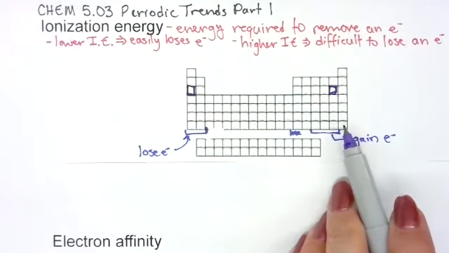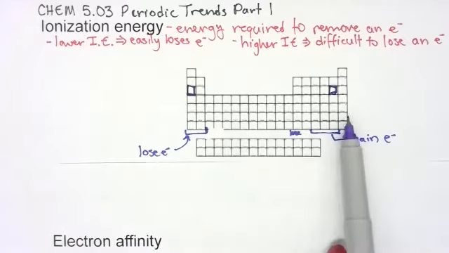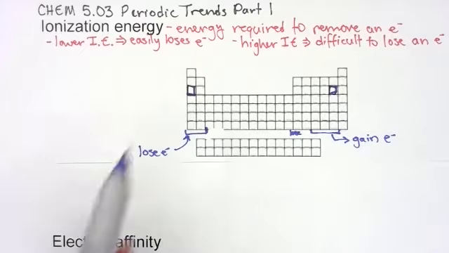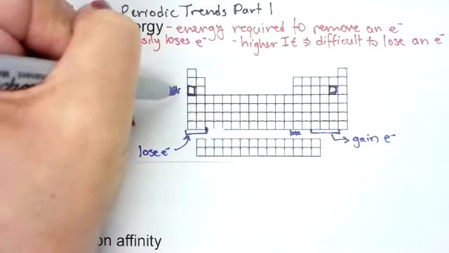Why would these guys not be something I would consider? Well, these are the noble gases, and remember they have an octet, so their ionization energy is through the roof. They do not want to either give up or gain an electron because they already have 8. So over here I'm looking at sodium, Na, and over here I'm looking at chlorine, Cl.